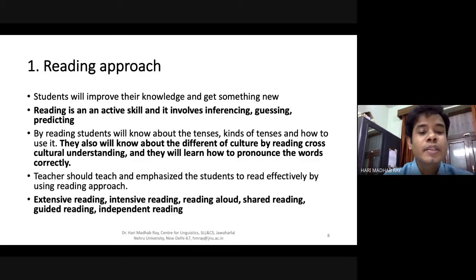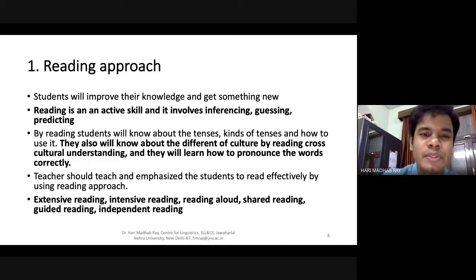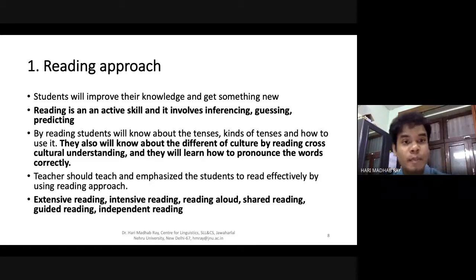And teachers should teach and emphasize that students read effectively by using the reading approach. Along with whatever approach you are taking into account, whether it's the grammar translation method, the direct method, or the natural approach, the reading approach also has to be taken into account.